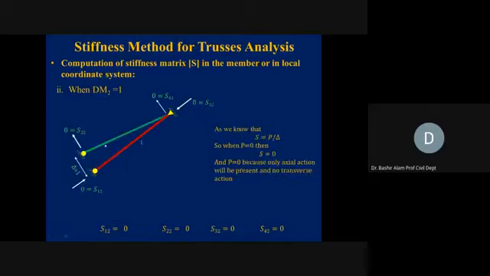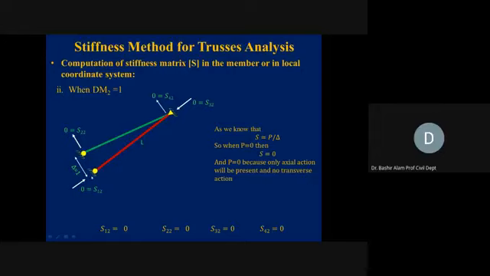Second, along DM2, we give delta equal to 1, which is shown here. Now the weight of this element is equal to 0, and it's a pin here. So take the example of a weightless material to which you want to give a rotation. It means in this direction the force required will be equal to 0. Why? Because the weight of this we already assumed is equal to 0.